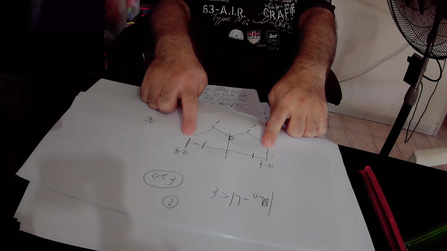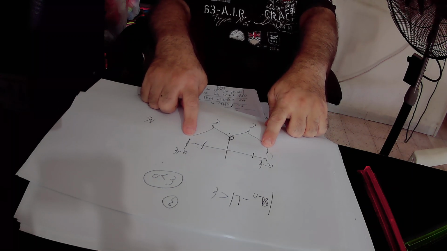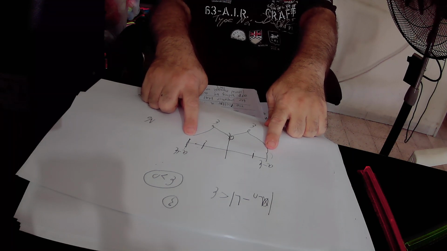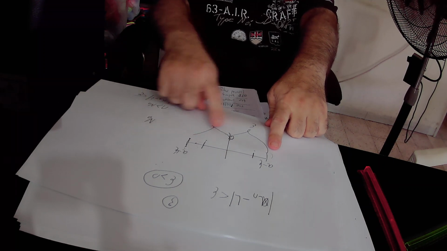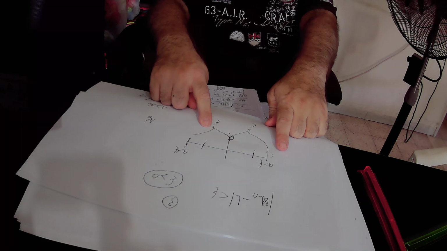So, in order that a sequence will converge to A, most of the members of the sequence must be located inside those two brackets. Then you can say that most of the members of the sequence are in the environment of A, because the radius of the environment of A is epsilon.